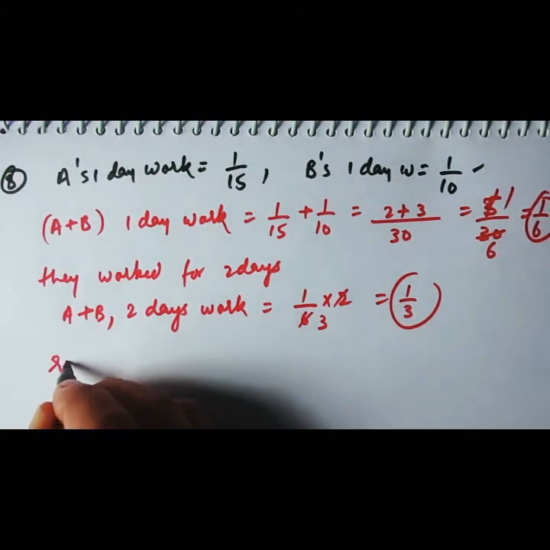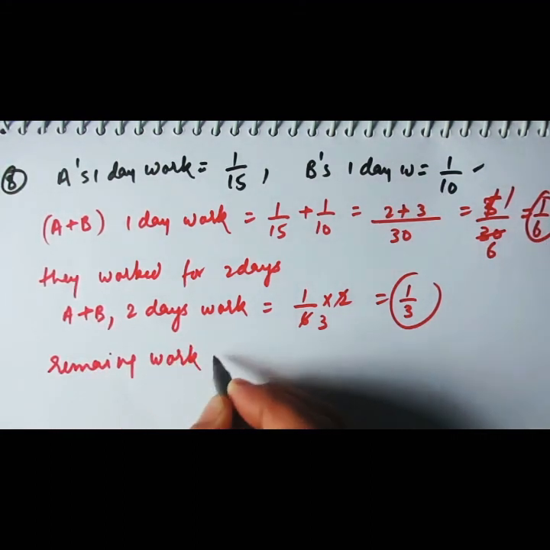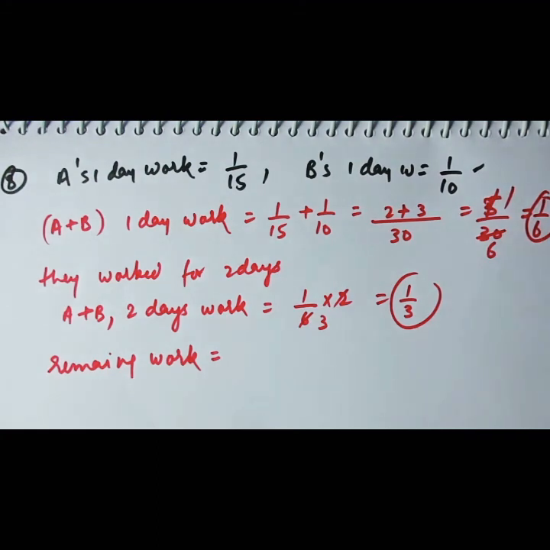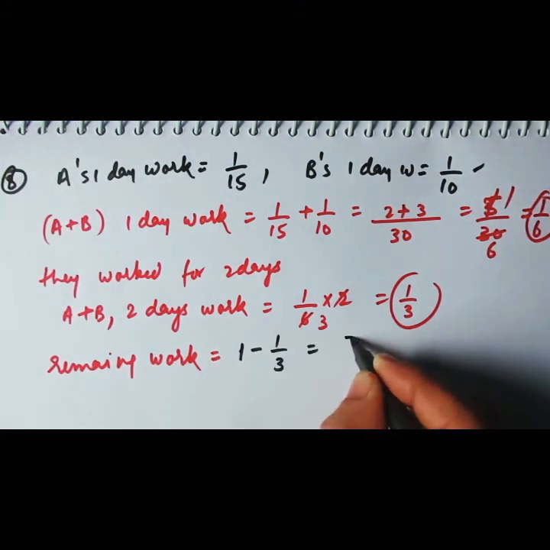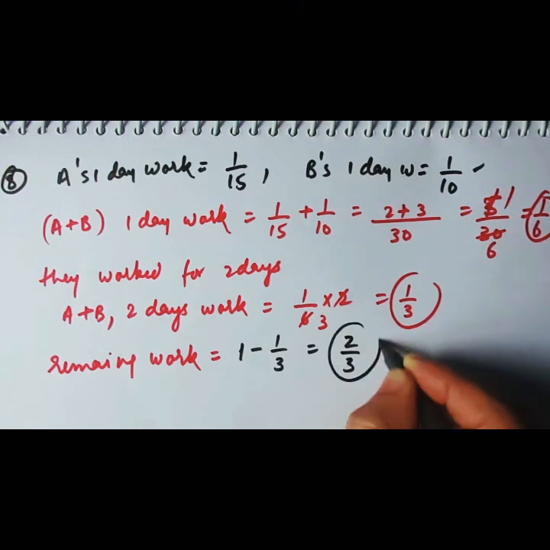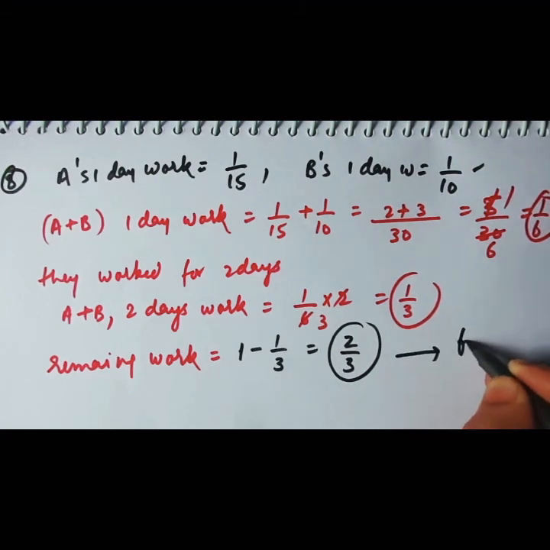So what will the remaining work be? As I had told you, total work is taken as 1, so remaining work is 1 minus 1 by 3, which is equal to 2 by 3. Okay. In how many days will A finish it? Now this will be finished by A. Let me write the entire statement.